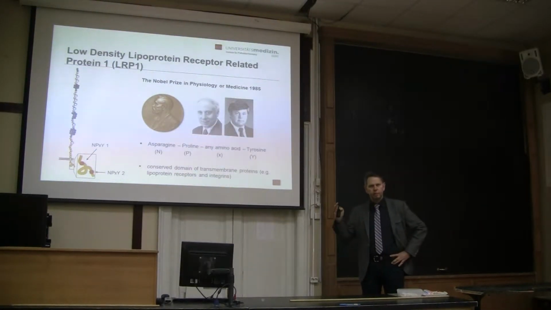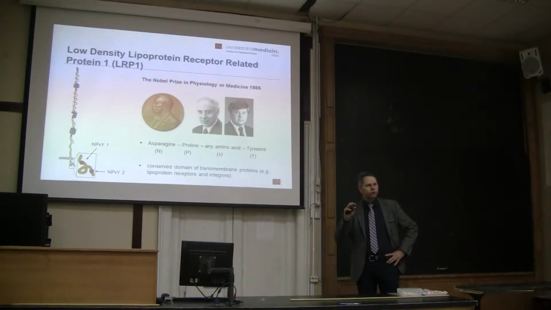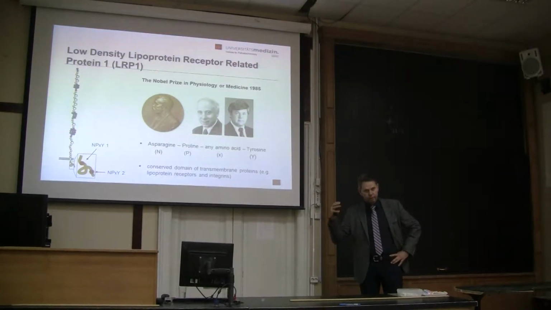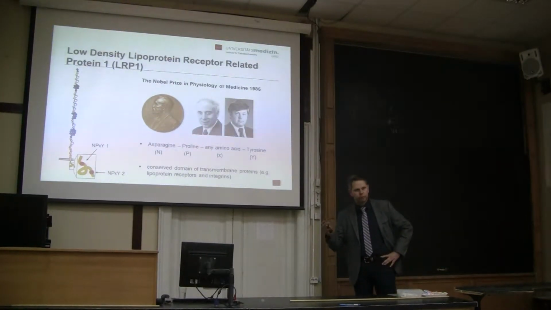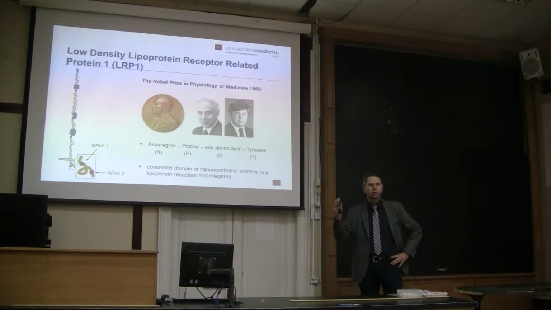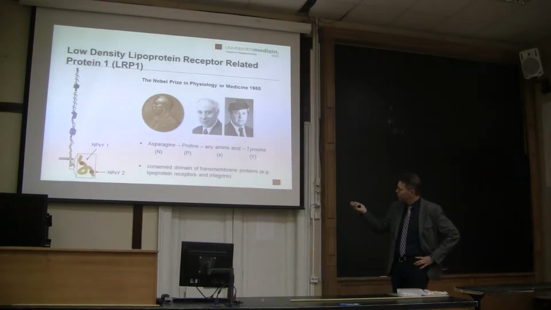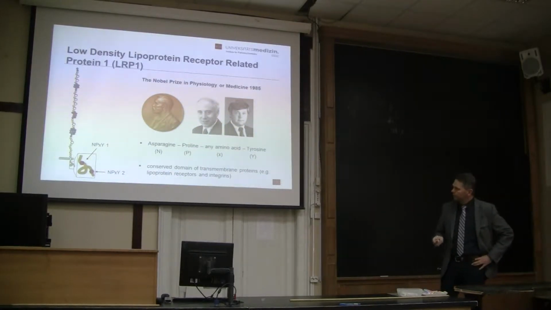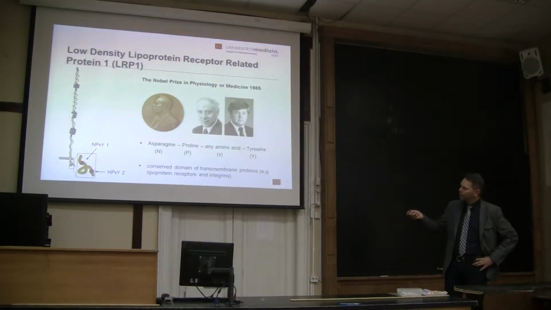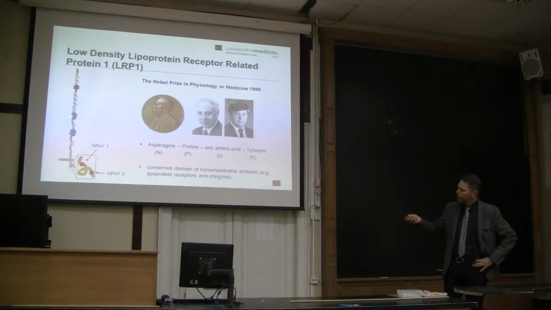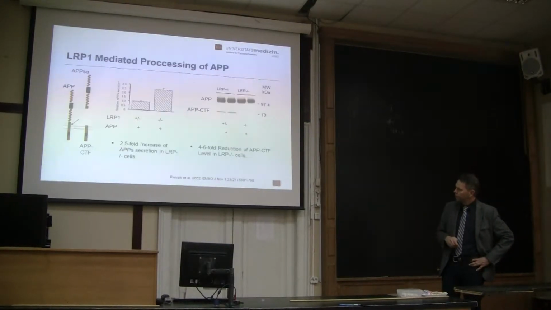Whenever you see such a motif in the C-terminal, the intracellular part of a protein, you can be sure this protein will be endocytosed through a clathrin-mediated mechanism, which goes back to this amino acid sequence. And LRP has two different NPXY domains in the C-terminus of the protein.